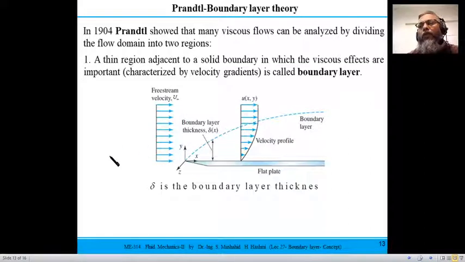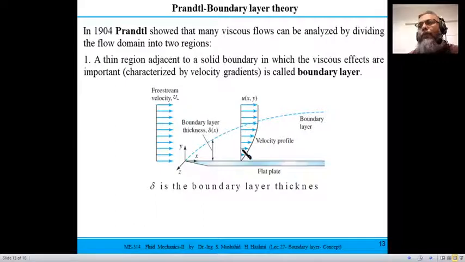So initially your velocity profile is uniform, but once it approaches the solid body, due to the viscous effects, the layer of the fluid which is sticking very close to the solid boundary is not moving.